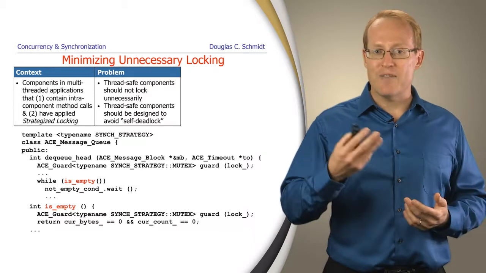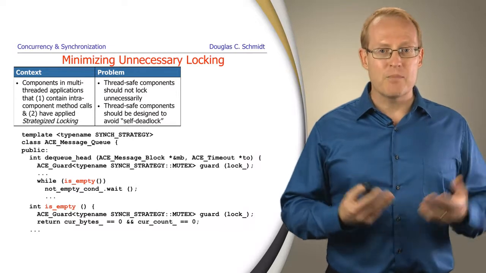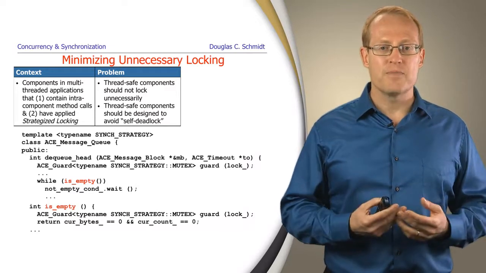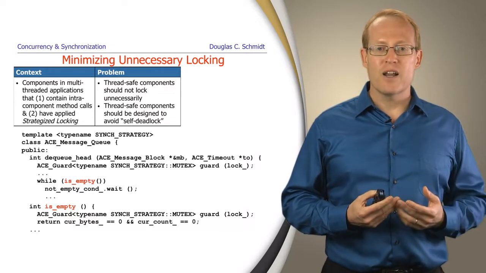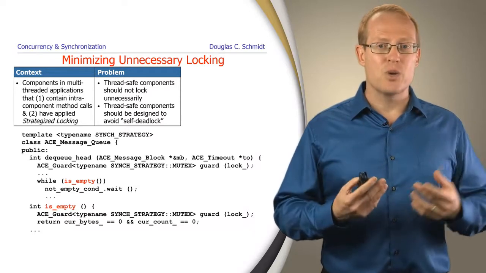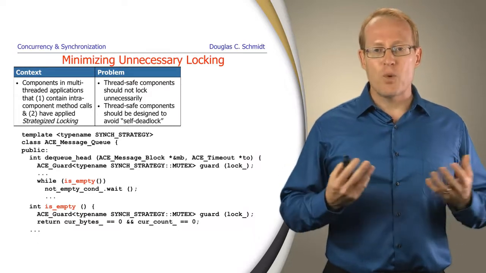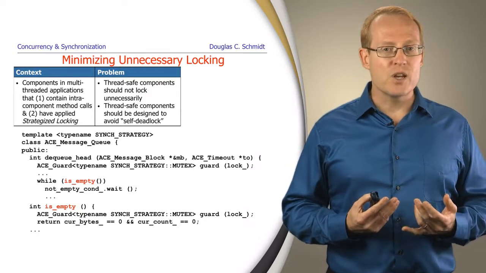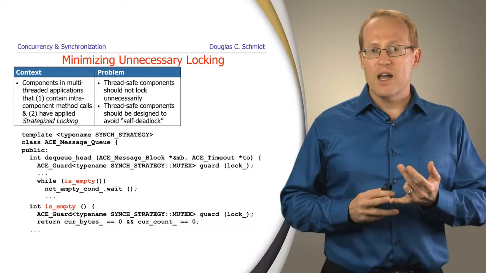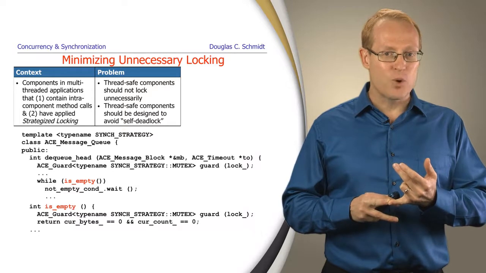So for example, now we have an ACE message queue where we can parameterize the particular type of locking mechanism that we use, the strategy for that. The tricky part here is if you have abstractions, classes like ACE message queue that have intra-object method calls, you have to watch out for two things. The first thing you need to watch out for is not incurring unnecessary sources of locking that aren't strictly necessary or needed.